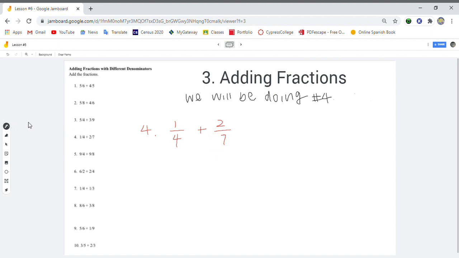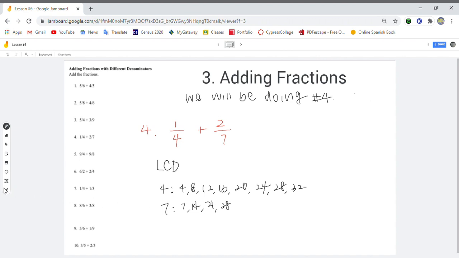So to get the same denominator, we have to find the LCD of both of them. LCD stands for least common denominator. So we have to find the common multiples of 4, which is 4, 8, 12, 16, 20, 24, 28, 32, and then we have 7, which is 7, 14, 21, 28.